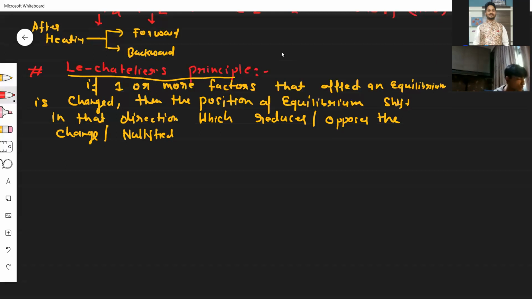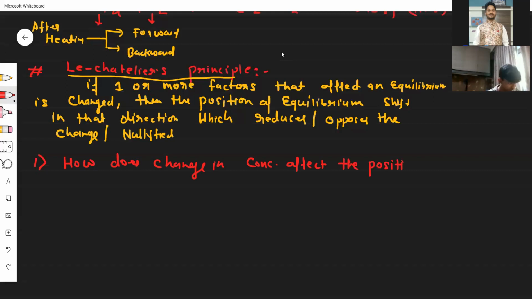So the first thing I'm talking about is concentration. How does change in concentration affect the position of equilibrium? Now see, a basic example: N2 plus 3 molecules of H2 gives you 2 molecules of ammonia.